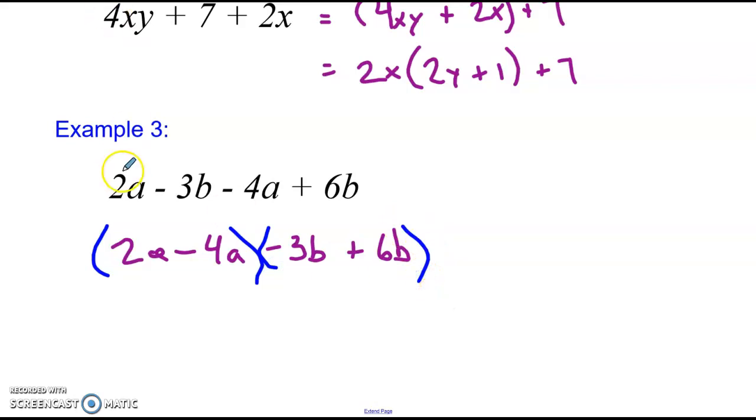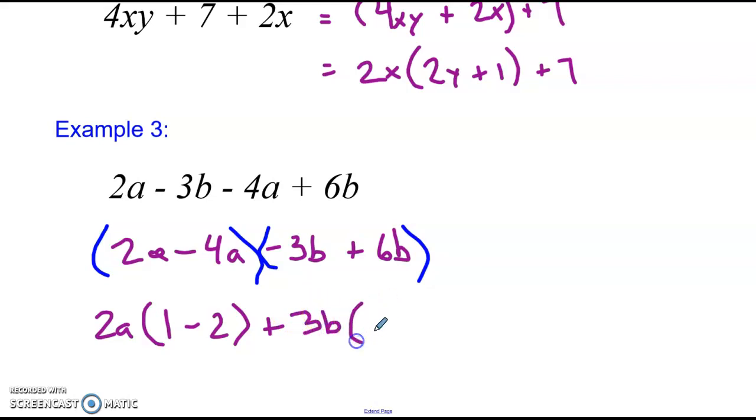Okay, and that's going to leave me with 2a minus 4a. I can factor out a 2a there. So I have 2a times, and what's left here? Well, it's just going to be 1 minus 2. And then over here, I have negative 3b plus 6b, and I can factor out a 3b here. We typically factor out positives, so I'll factor out the 3b.